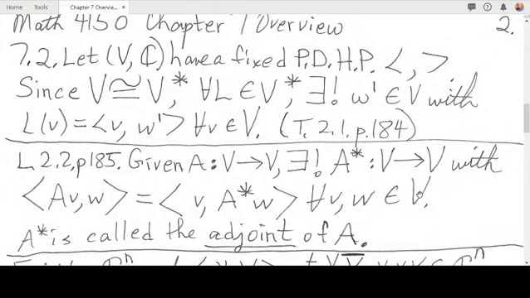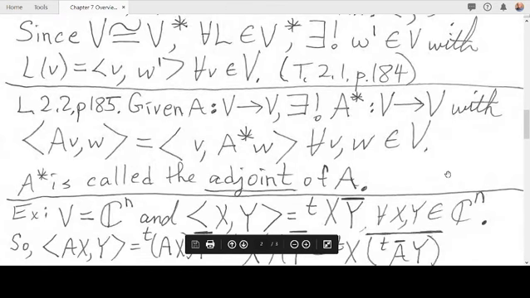Remember, V star is the set of all linear maps going from V into the scalar field K. Alright, so since V is isomorphic to the dual space V star, given any functional L in V star, there must exist a unique element W prime in V with L of V equal to the scalar product of V with W prime for all vectors V in V. Again, that's theorem 2.1 on page 184.